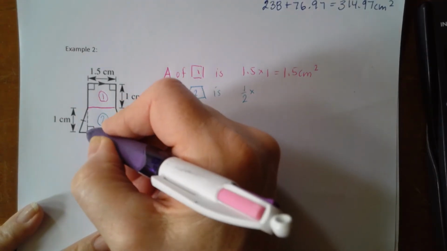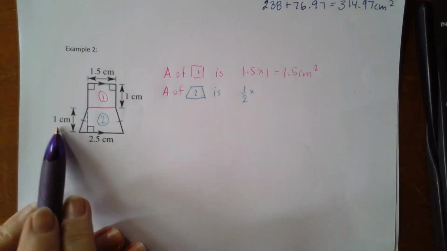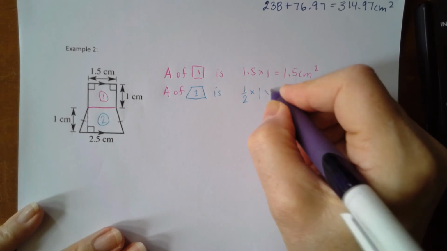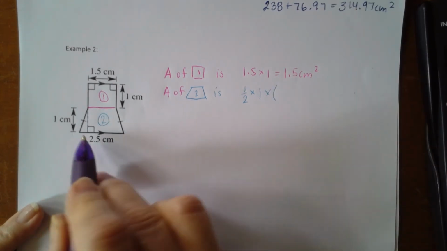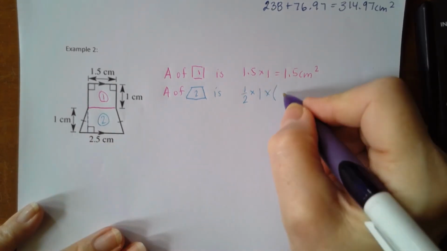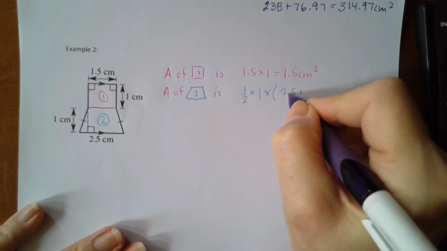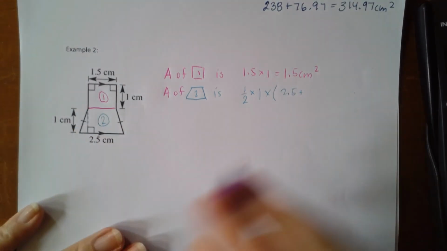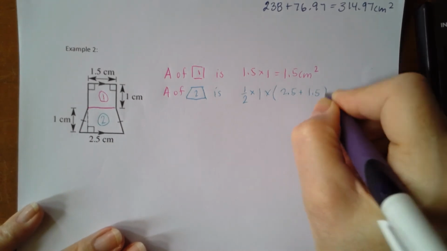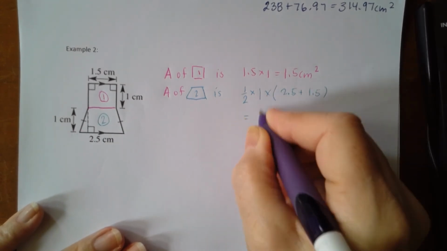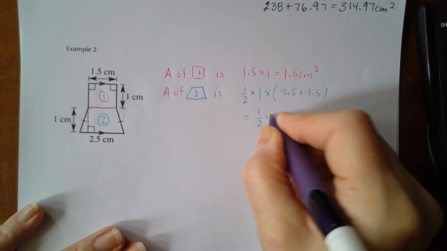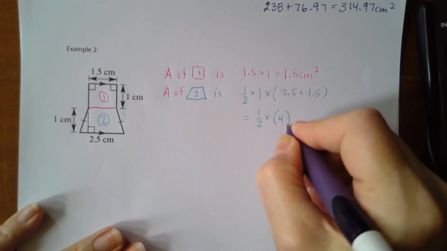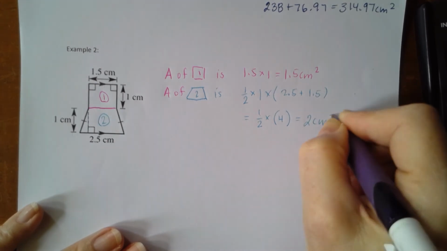The perpendicular height is right here, and they've told me it's 1. Times by this side plus this side, so the two parallel sides have to be added up. So that gives me 1/2 times 1 is just 1/2, times by 2.5 and 1.5 is 4. So that's 2 centimeters squared.